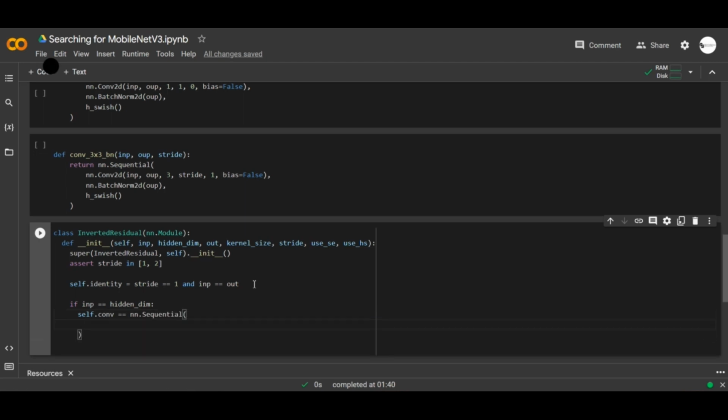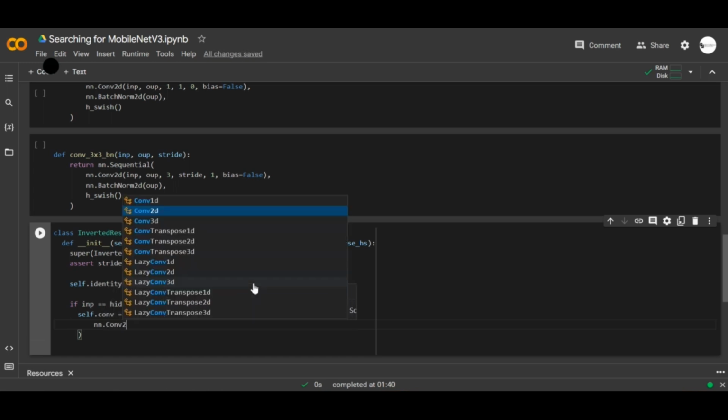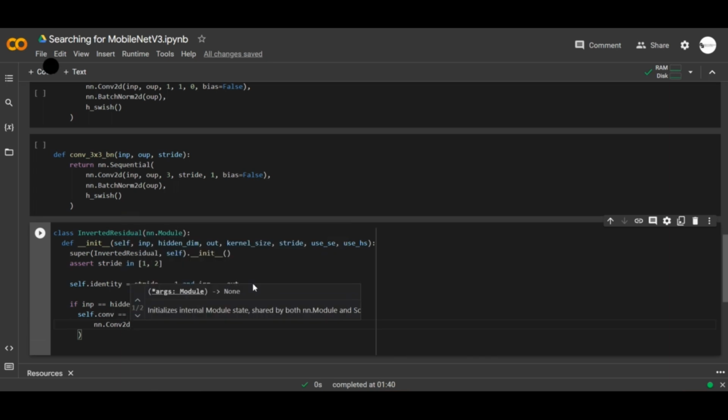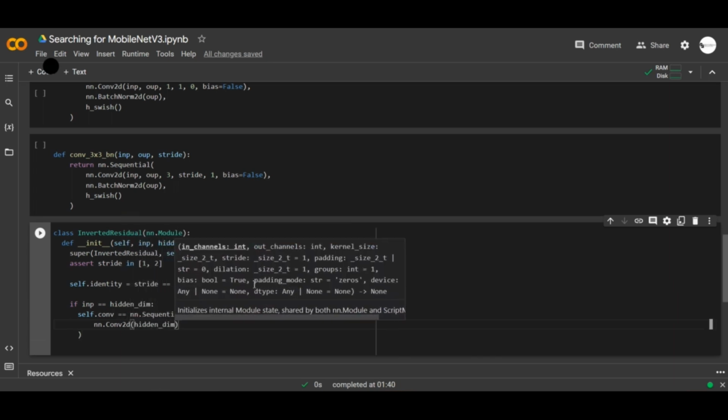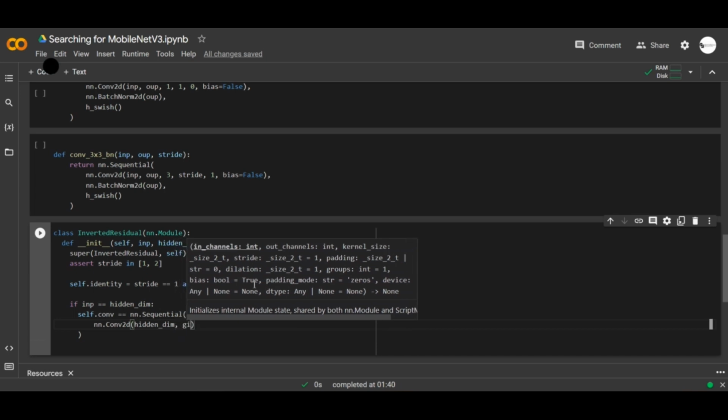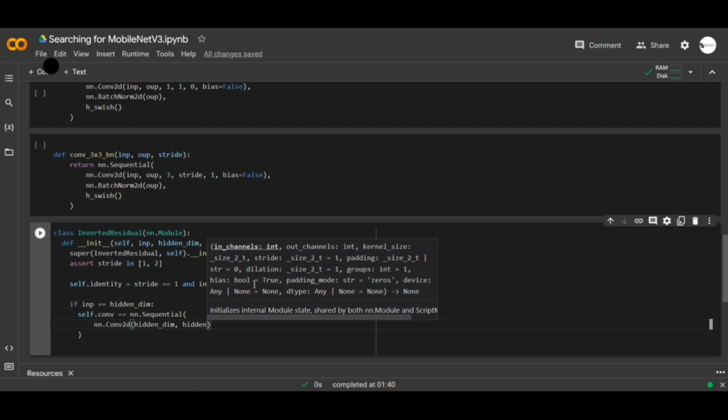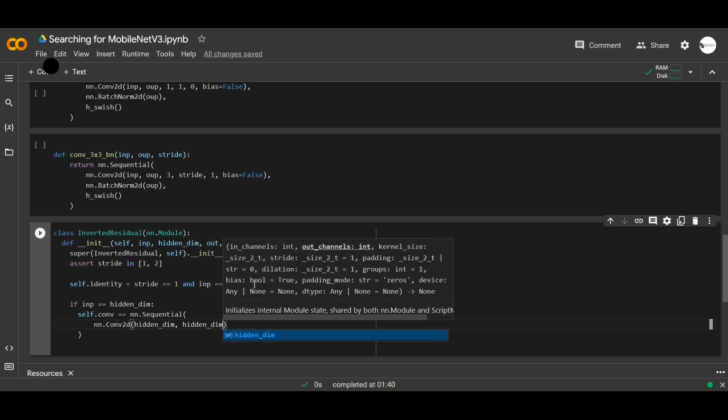Then we're gonna build the depthwise convolution. That's what we're going to start with. Then we're going to have the nn.Conv2d. Then we take in the hidden dimension and hidden dimension.